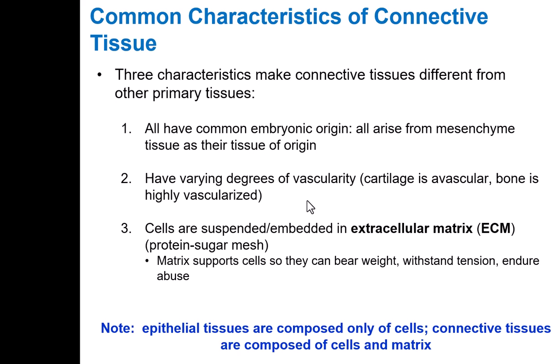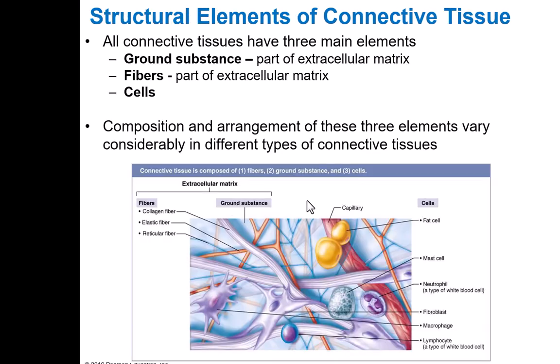So this means that when you're looking at a tissue under the microscope, and you see more than just cells, maybe you see fiber-looking things, and you see a background to that tissue, chances are you are looking at a connective tissue. Epithelial tissues are only cells, but connective tissues have cells and this extracellular matrix, and you will find in that extracellular matrix not only cells, but fibers as well.